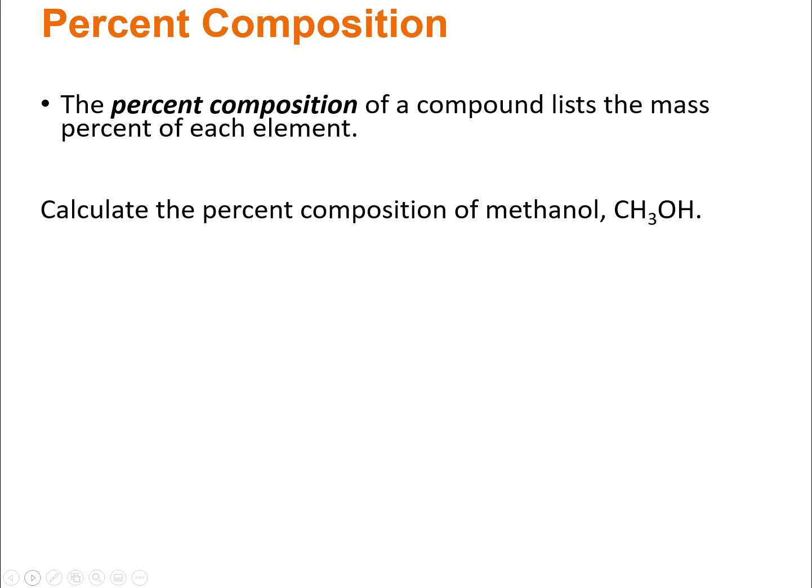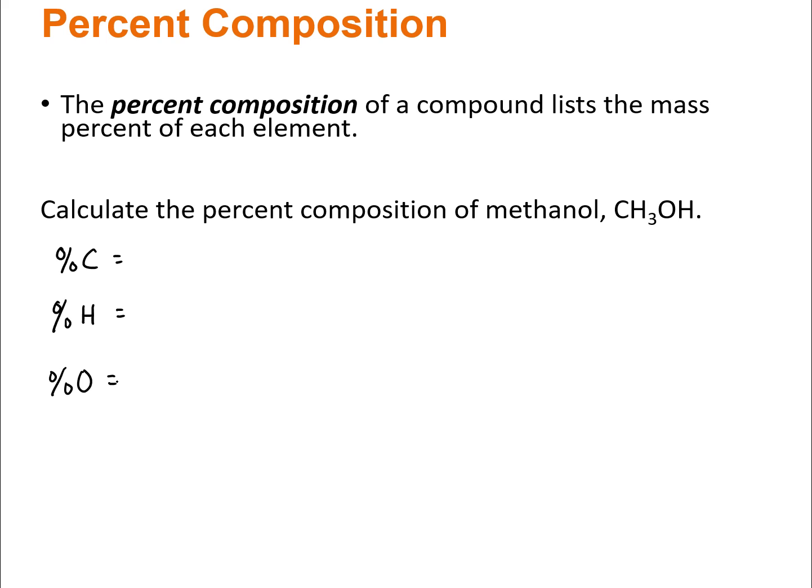For our example, we're going to calculate the percent composition of methanol. What that means is that we want to know the percent carbon, the percent hydrogen, and the percent oxygen in this molecule.